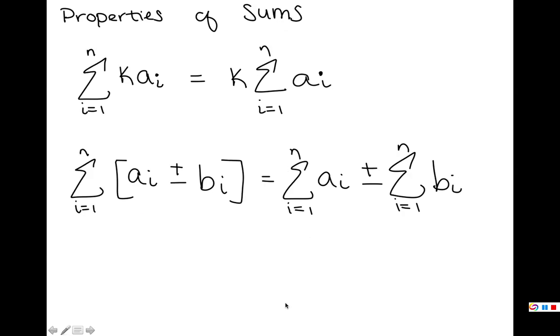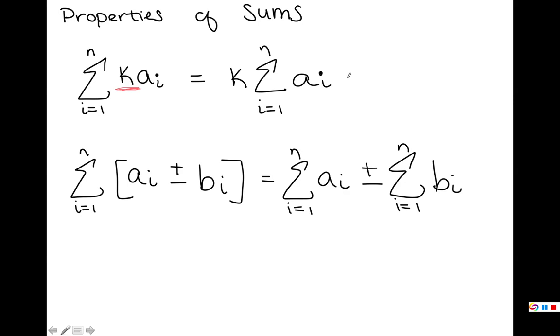All right, so we're going to be doing some math with these sums, and so I need to give you a couple properties of sums. The first property I have written down says if you have the sum of a constant times a function, so this k right here is a constant, you can pull that k out front.